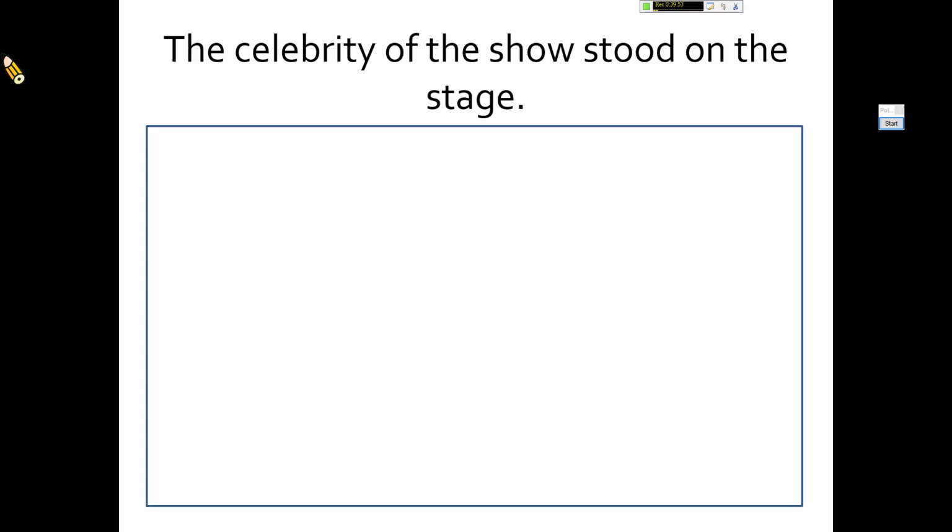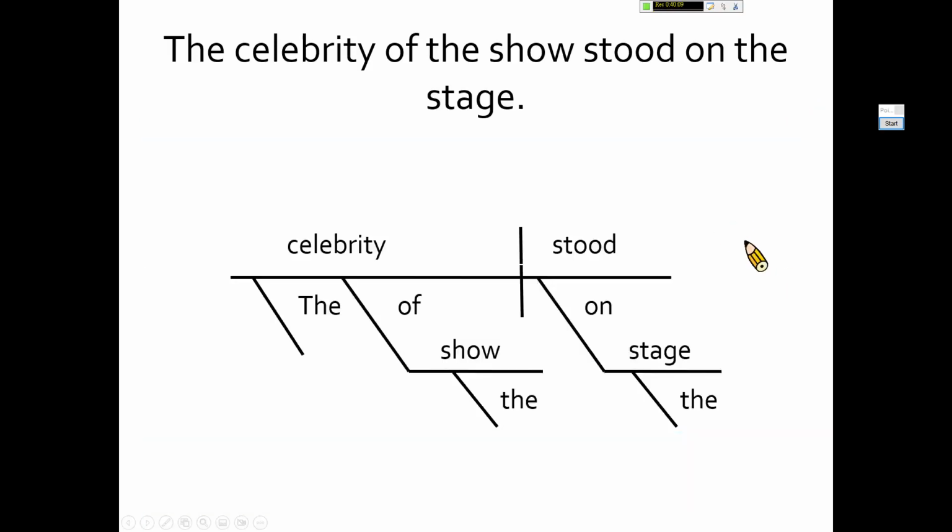So now I'm going to tell you the answer for this one. Hurry up. While you are uploading, I'll go ahead and explain the context. So here comes the celebrity of the show, still on the stage.